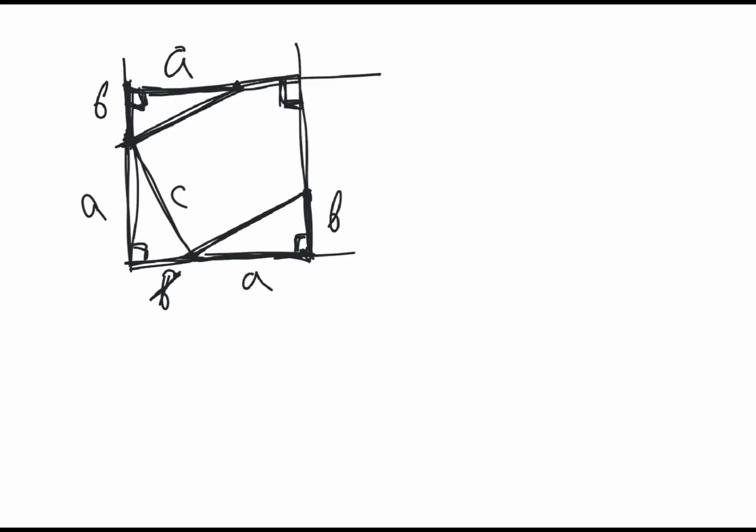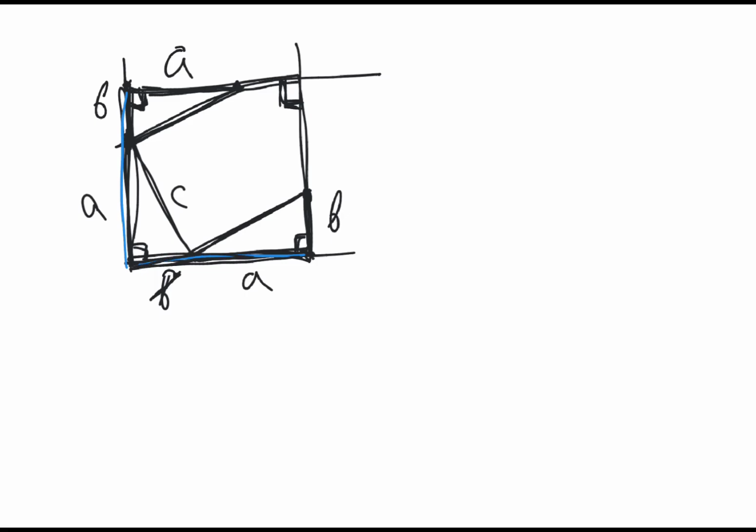But also these two sides are equal to each other. Let's highlight this. This side is equal to this side, those that I highlighted with blue. So both of them are equal to A plus B. So therefore it's not just a rectangle, but it's a square.